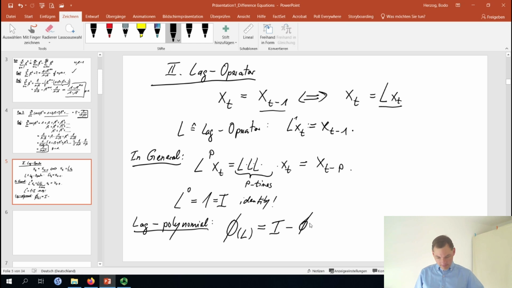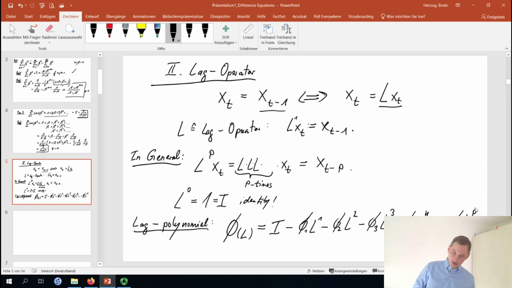And then it's written as minus phi 1 L for lag 1, of course, minus phi 2 L squared for the lag 2, minus phi 3 L cubed for lag 3, so x_{t-3}, minus phi 4 L to the 4, and you can imagine that this goes until order P, shifting x by a lag P. And this phi of L is called the lag polynomial, because if you have phi of L times my x_t, what would this be?